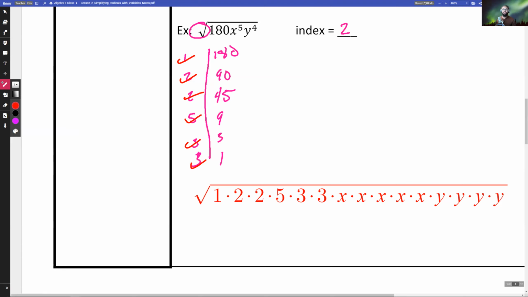This index of 2 tells me that I need to have 2 numbers in the grouping before they come out. So I have 1, got a pair of 2s here, pair of 3s here, pair of X's here, pair of X's here, a pair of Y's here, and a pair of Y's here.